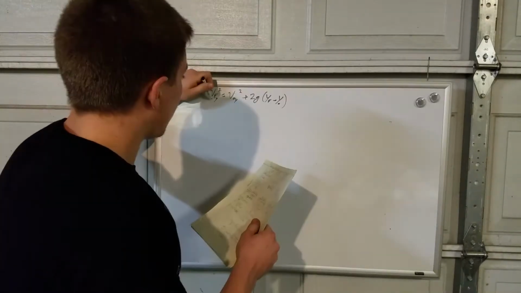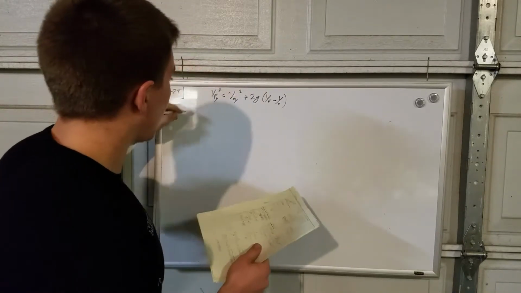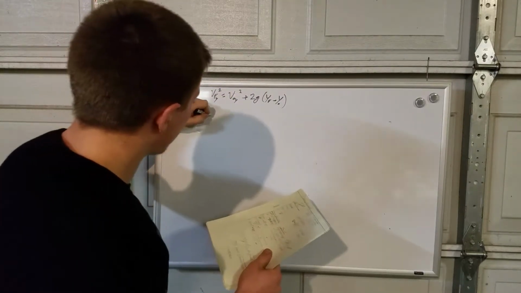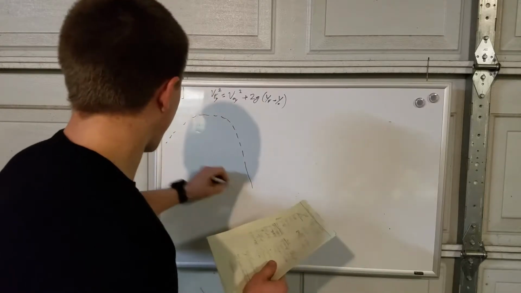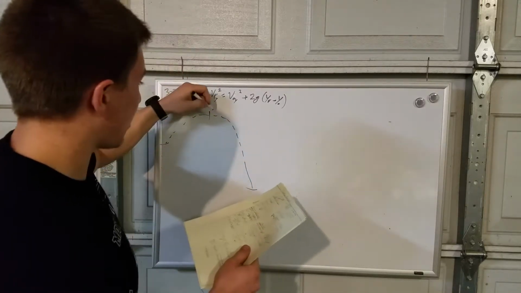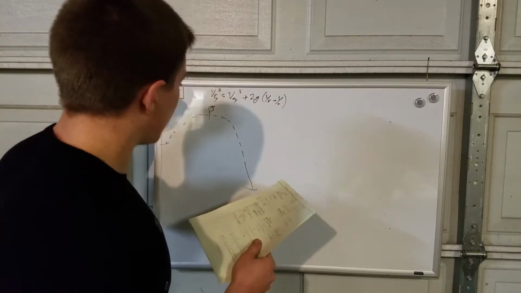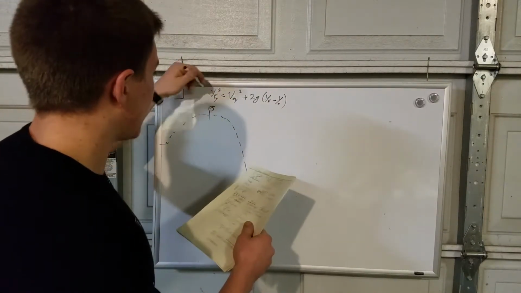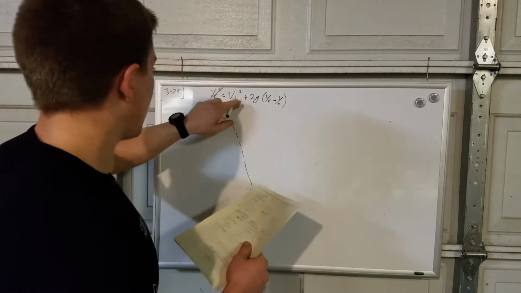The velocity final in y, at the top of its path, there's its path, start point, finish point. So the velocity at the top point is going to be 0, so we can neglect that.